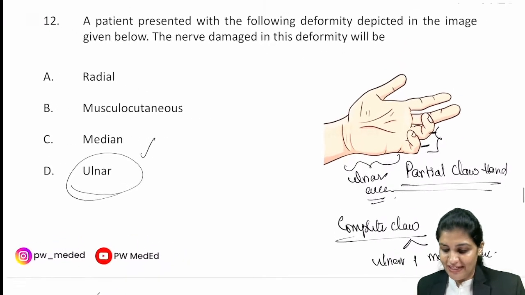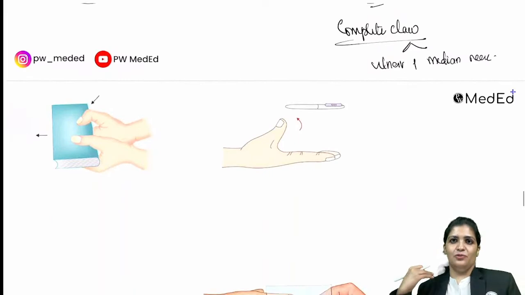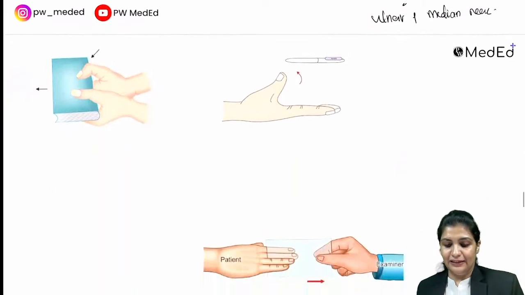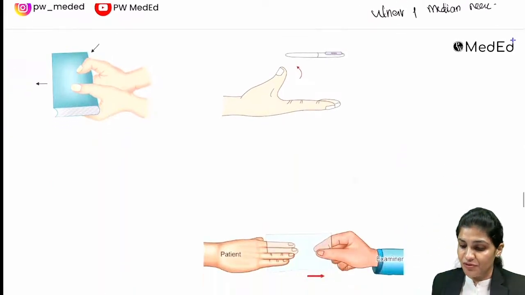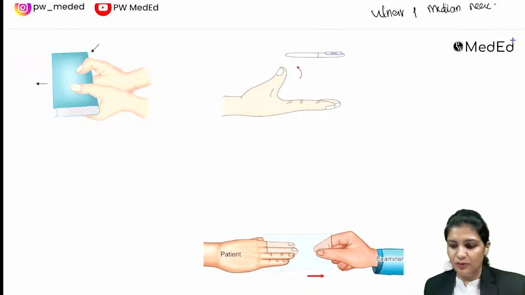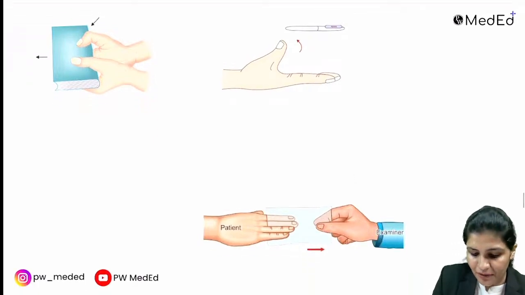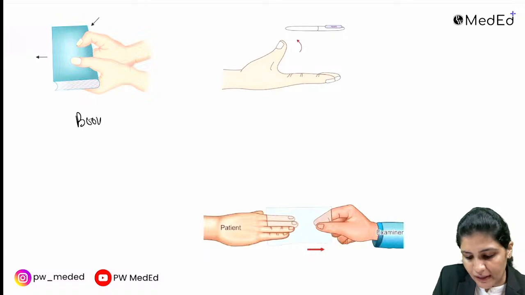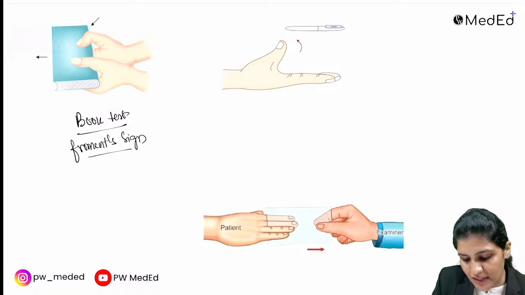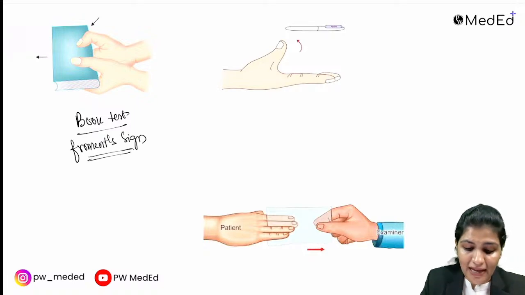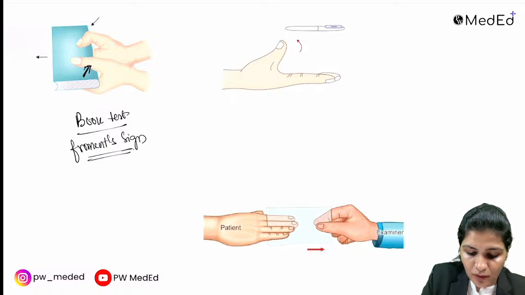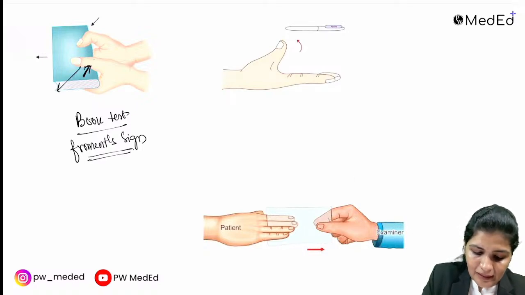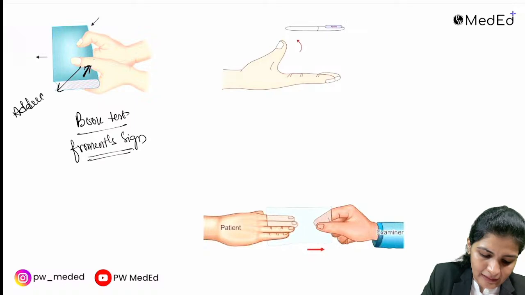Right. Now let us discuss some of the important tests in the peripheral nerve part. These can be IBQs. This is one important one, called the book test or Froment's sign. So what is this test? In the book test, you ask the patient to hold a book, and in this particular hand he is holding the book properly, adducting the thumb.